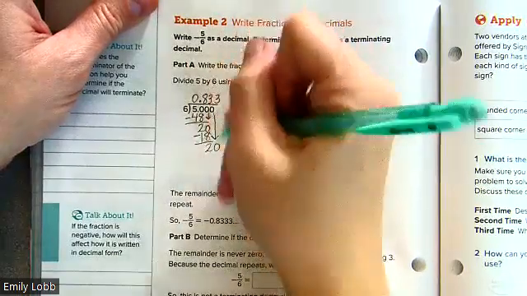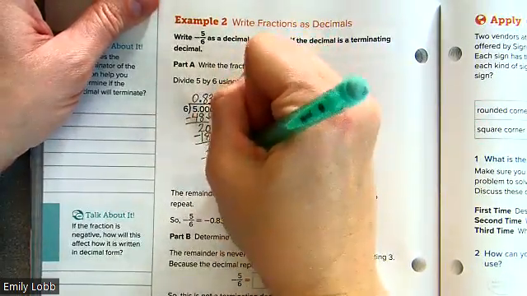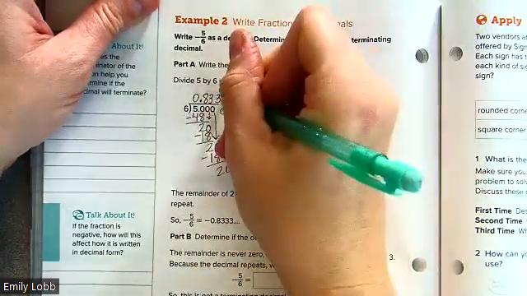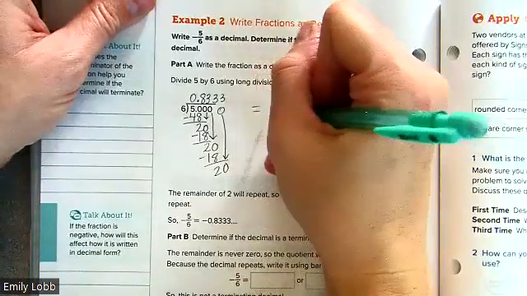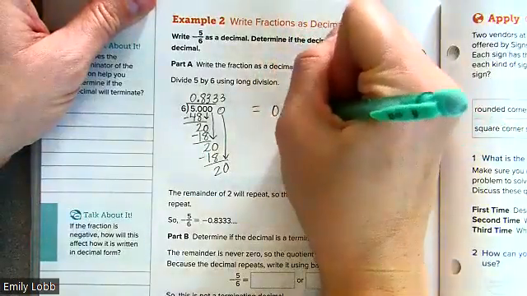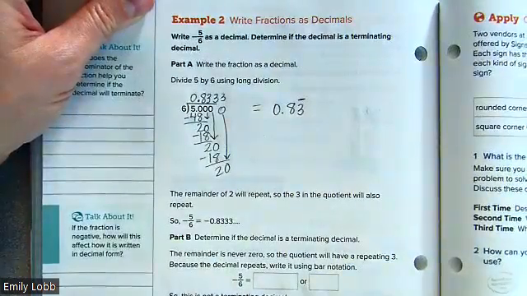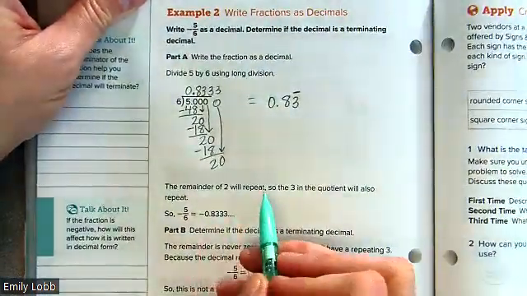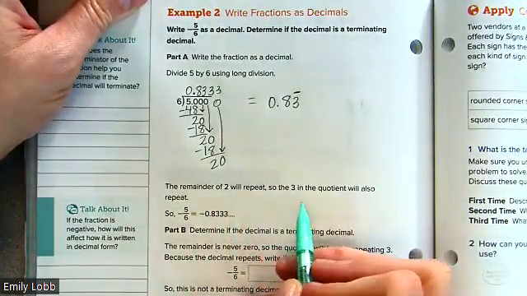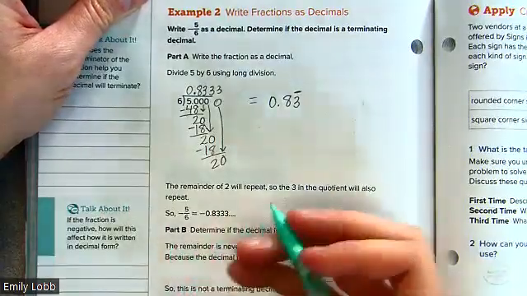Same thing over and over again, right? So if I brought down another 0, what do you think's going to happen? The same thing. So what number is repeating? The 3. So I can truncate it and just use my bar notation over the 3. The remainder of 2 will repeat, so the 3 in the quotient will also repeat. Oops, I forgot my negative sign.